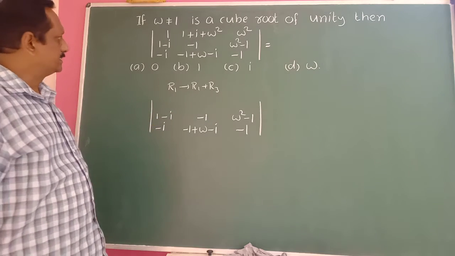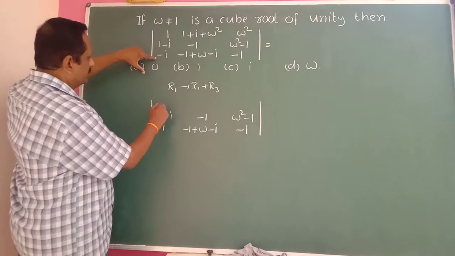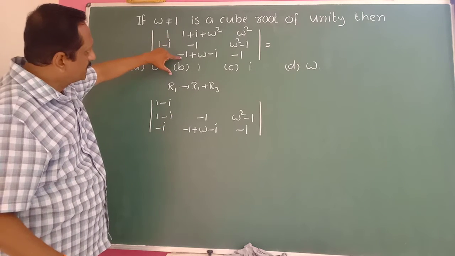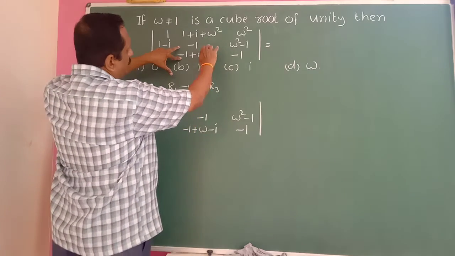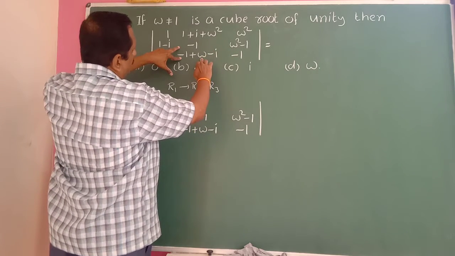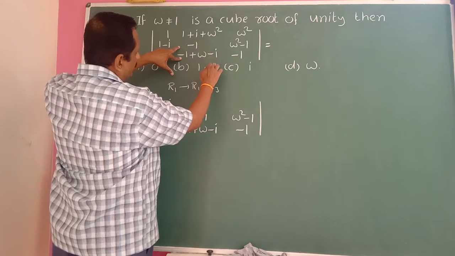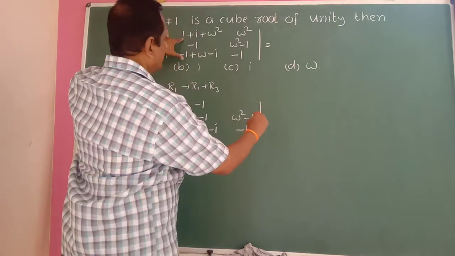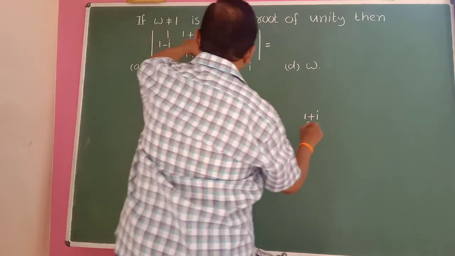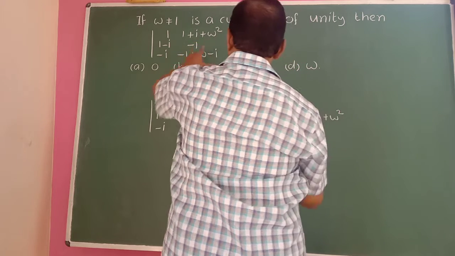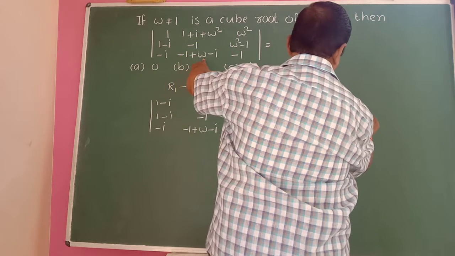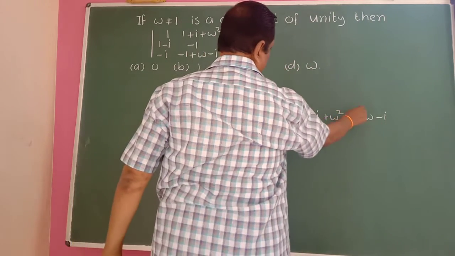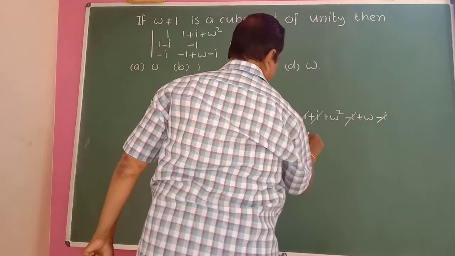Only first row elements change here. So this plus this means 1 minus i here. Then this plus this means 1 and 1 cancels. Then omega square plus omega, and minus i plus i cancels here. Okay. Therefore, omega plus omega square is what here? Minus of 1. Okay, just observe here. 1 plus i plus omega square minus 1 plus omega minus i. 1 and 1 cancels, plus i minus i cancels.